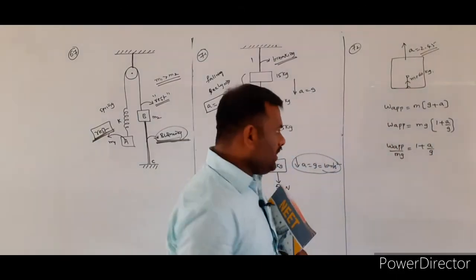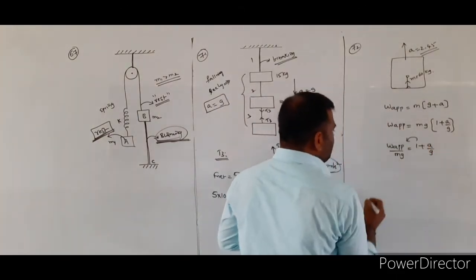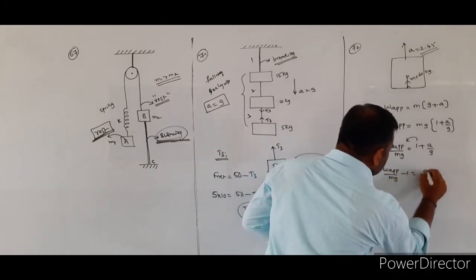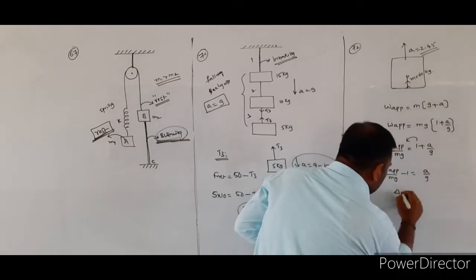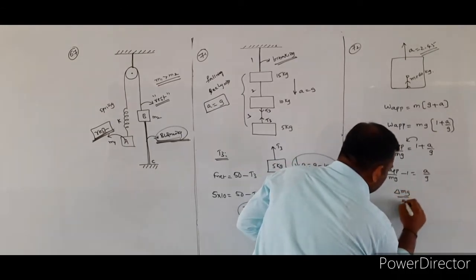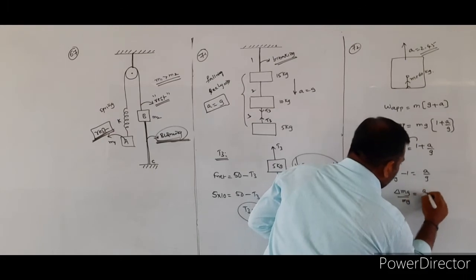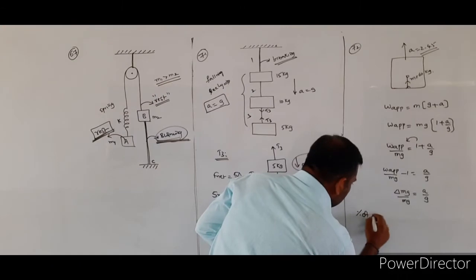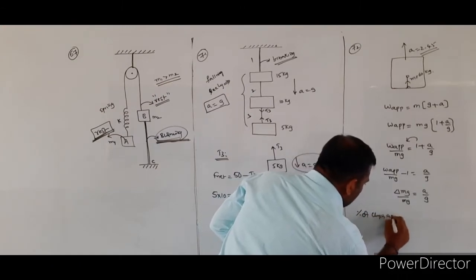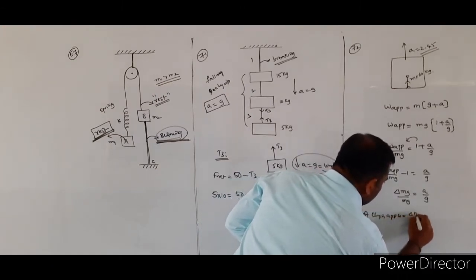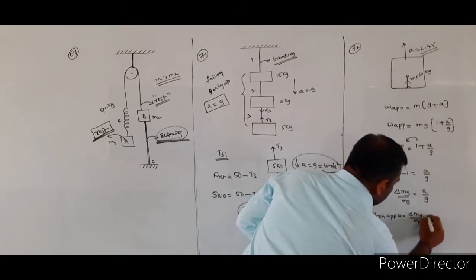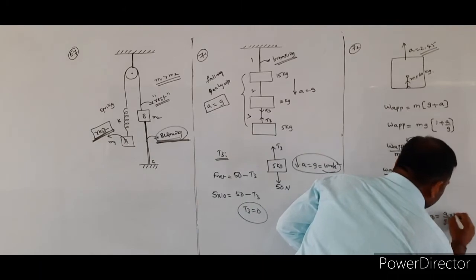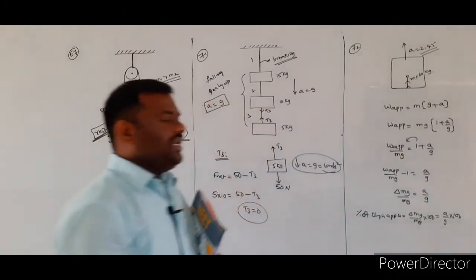Bringing the 1 to the left side, W apparent by mg minus 1 is equal to a by g. So delta mg by mg is equal to a by g. Therefore the percentage change in apparent weight is delta mg by mg into 100, that is a by g into 100.